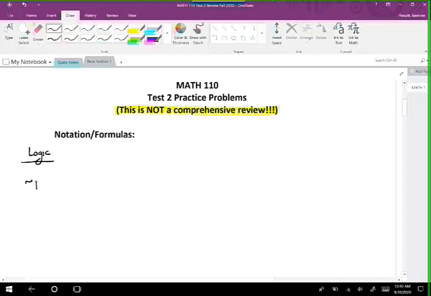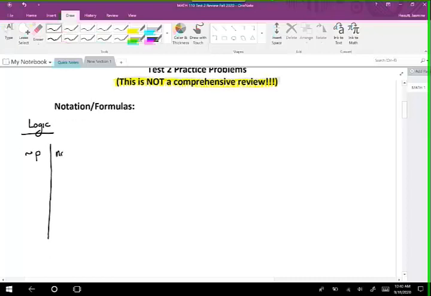First we had a squiggle and then a P, and that translates to not P. Then we had P upside down V Q, that meant P and Q. And then we had P V Q, which meant P or Q.